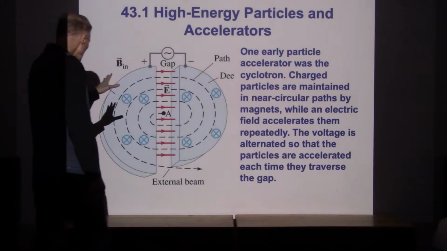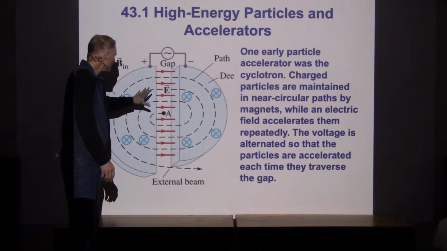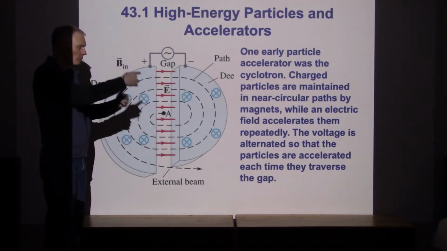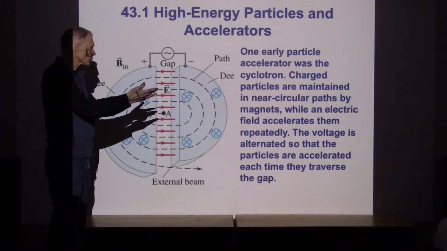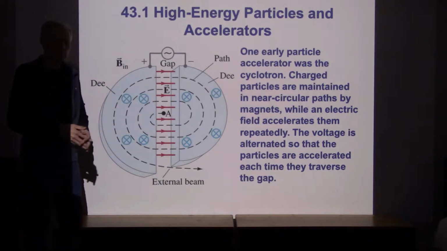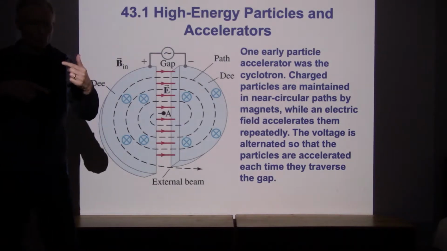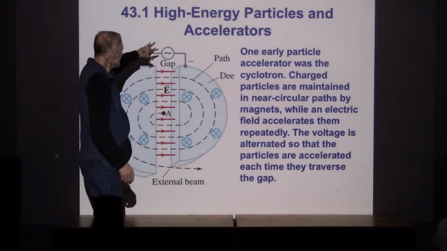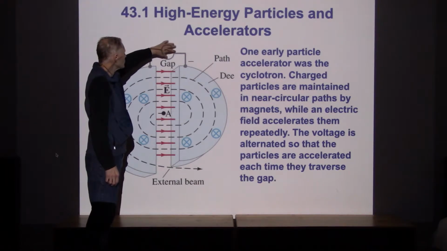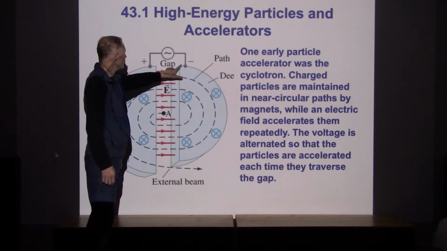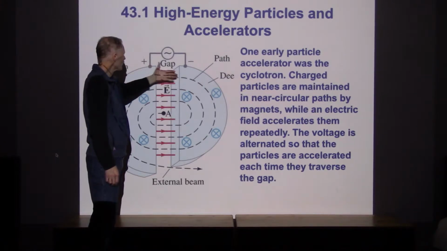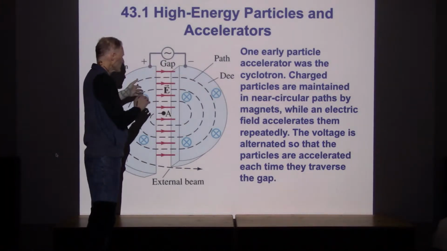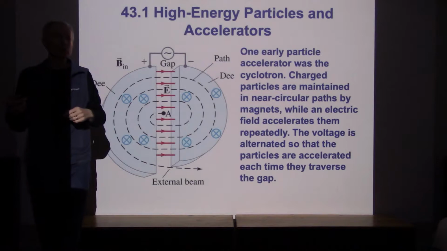So what Lawrence did was use magnetic fields to have electrons or other particles, protons I guess were more common actually, travel in a circular fashion in the magnetic field. And then what Lawrence was able to do was alternate the voltages, so every time the protons crossed from one side to the other, they got a little bit of a boost.